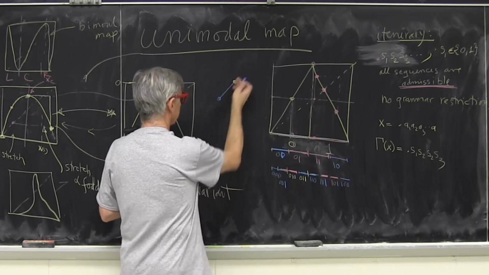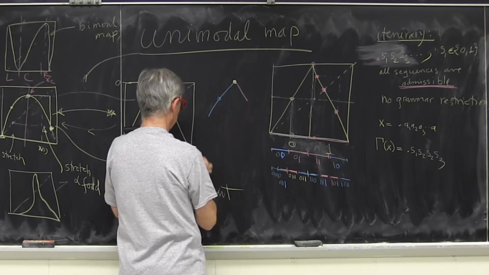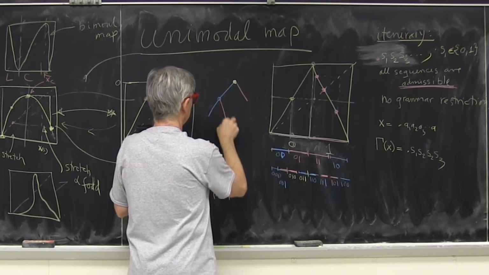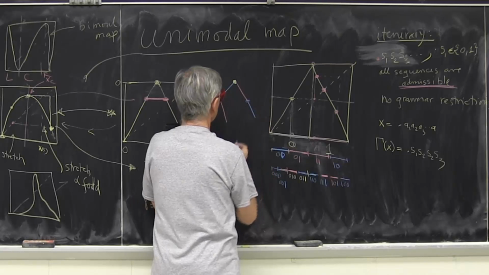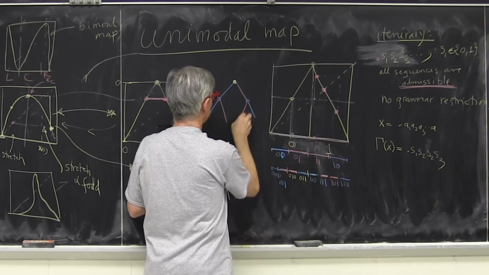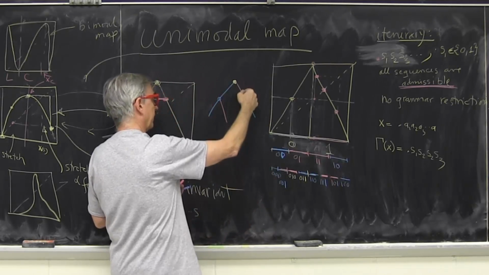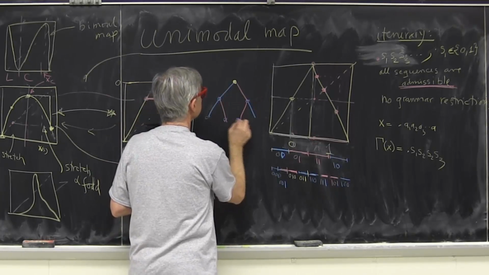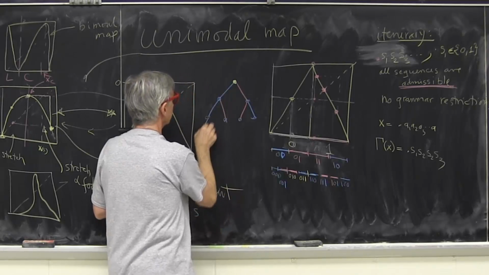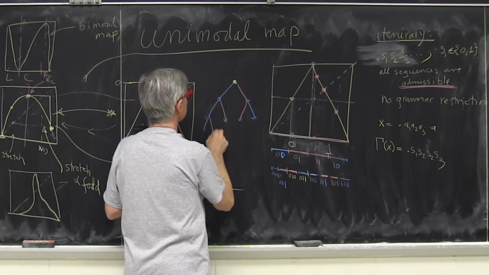Then this guy looks like the original one, so it can be split this way. But this one is flipped, so it looks like that. So whenever I have a pink thing, I have to flip. And this will look like that.